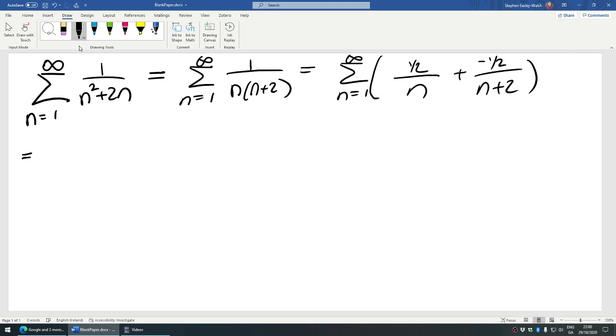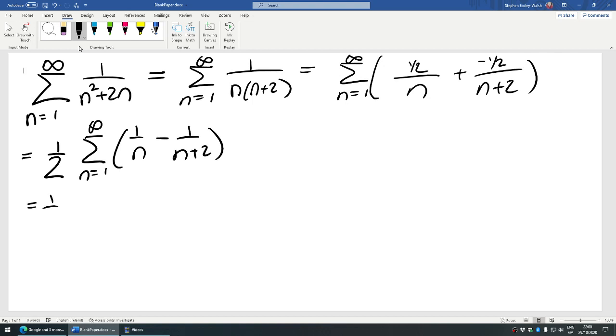I'm going to just take that half out, and it'll be the sum from 1 to infinity of 1 over n minus 1 over n plus 2, and that will equal a half.